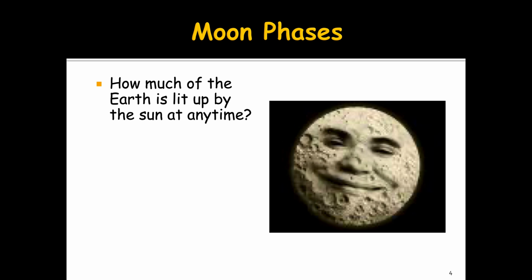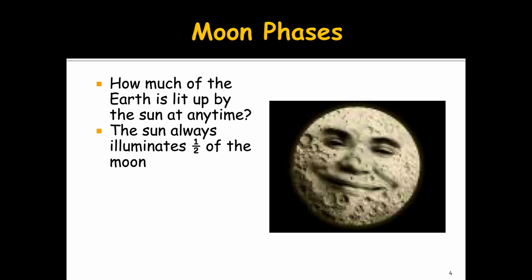Well, turns out the moon is no different. Half of the moon is always lit up, but we don't always see that full half of the moon lit up. Why? Well, because, as I just mentioned, there are things in motion. So we're going to see different phases or slivers or chunks of that illuminated side. But always half is illuminated.